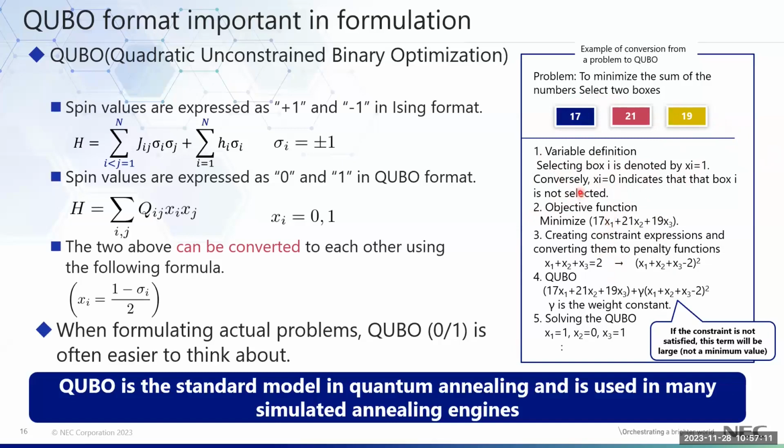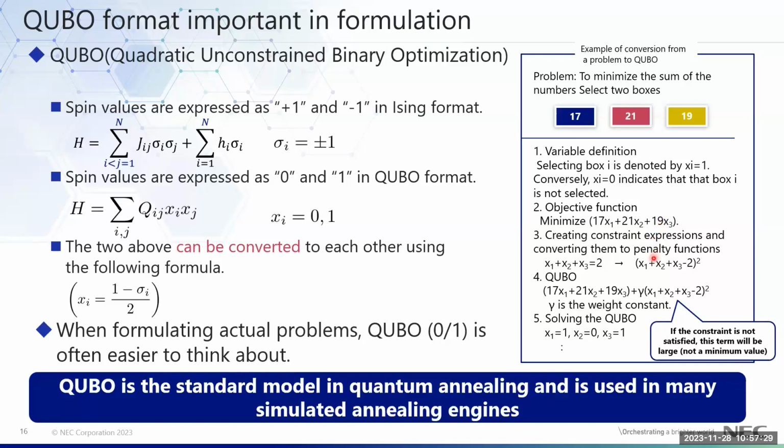So the objective function would be to minimize 17x1 plus 21x2 plus 19x3. And you will see whichever x becomes 0, only those two would be 1. That will provide the minimal result.